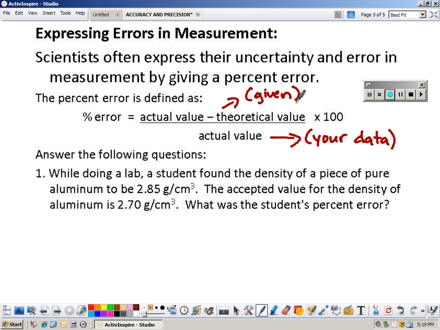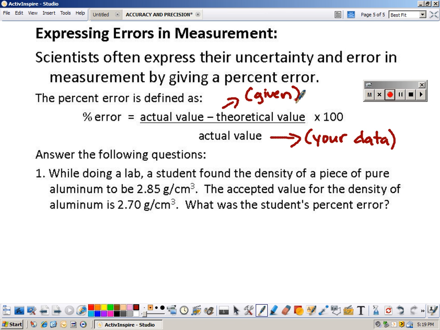It says, answer the following questions. There's only one question, but we're answering the following question. While doing the lab, a student found the density of a piece of pure aluminum to be 2.85 grams per cubic centimeter. The accepted value for the density of aluminum is 2.7 grams per cubic centimeter. What is the student's percent error?